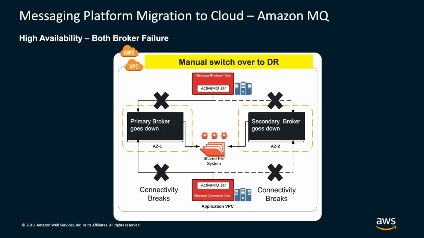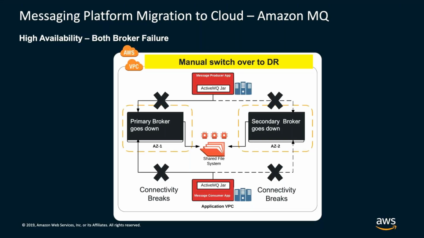your cloud architecture. Now if that happens, it might be a significant event when you have hundreds of applications depending on the messaging platform as a shared service. Because now every application has to manually switch over to the DR site, and that might involve a lot of time and effort from various application teams.